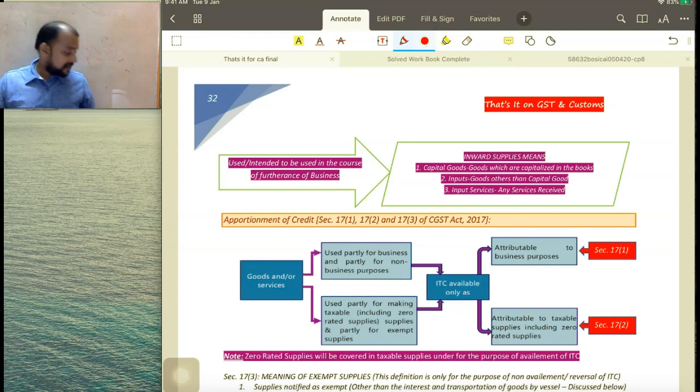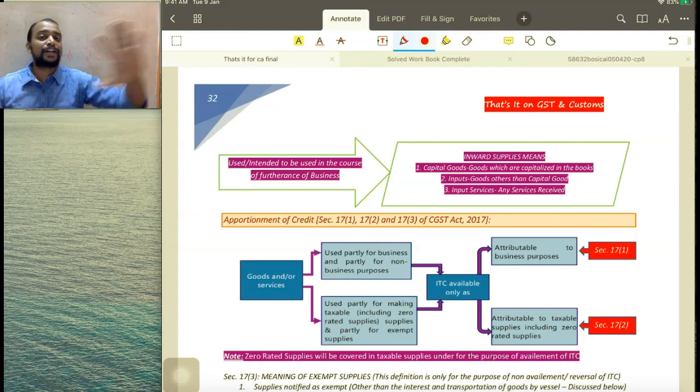Section 16 has got a comma, not a full stop, because the conditions for availment of ITC we discussed. That is one side of the coin. We should also see section 17 subsection 5, blocked credits, that is the other side of the coin. When you interpret these two, then only you will know whether you can take ITC with respect to any purchase or not. So therefore, section 16, conditions for availment of ITC.